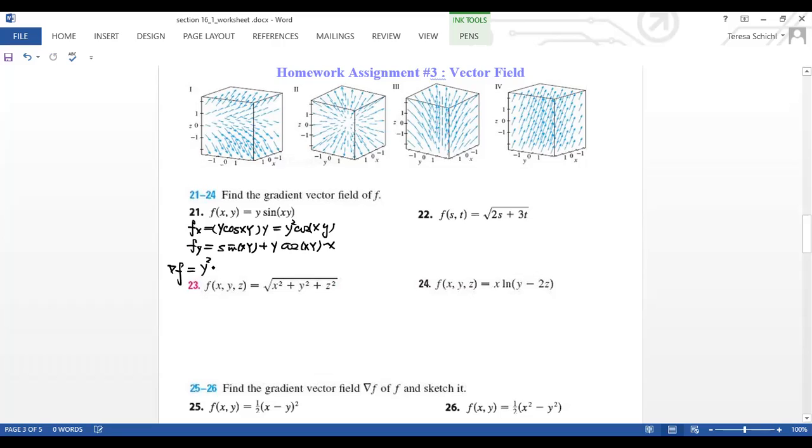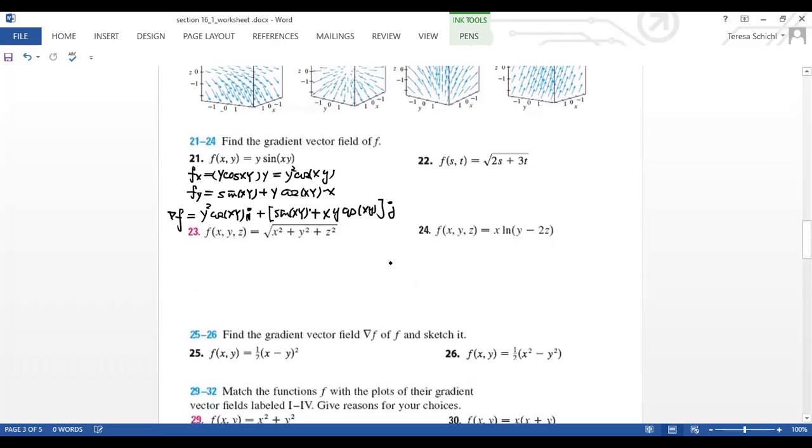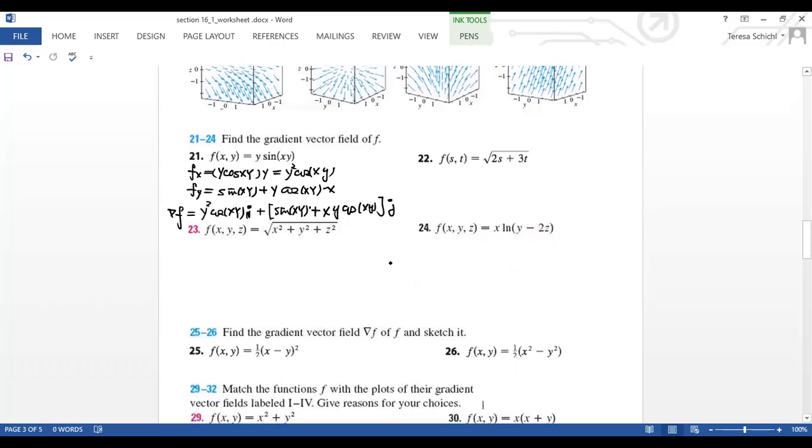It will be y squared cosine xy, this is my i component, plus sine xy plus xy cosine xy. So this is my j component, right? So just be very careful about your derivatives and applying all the rules you learned.